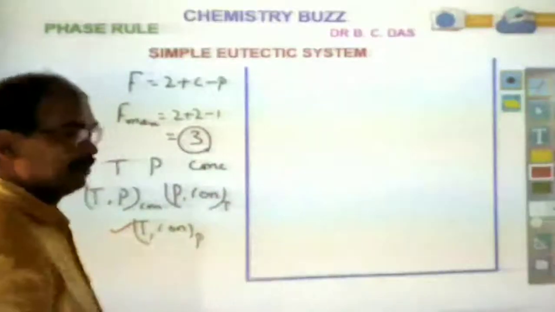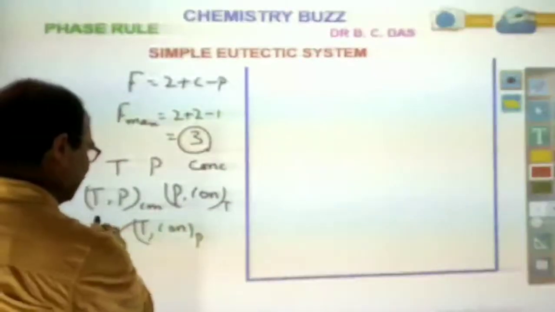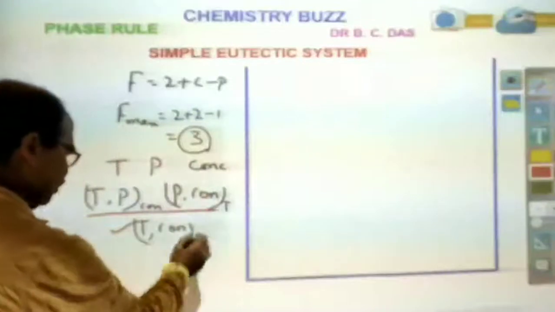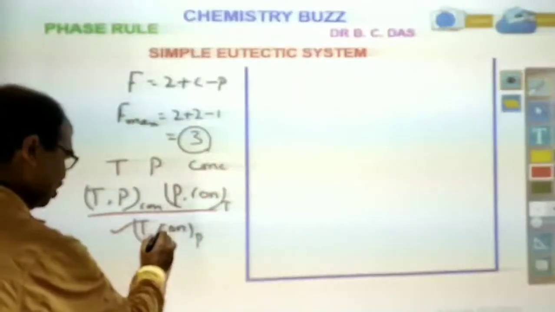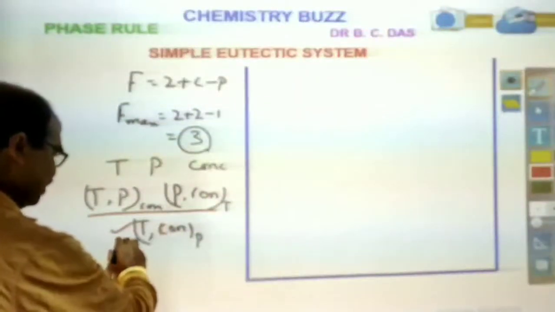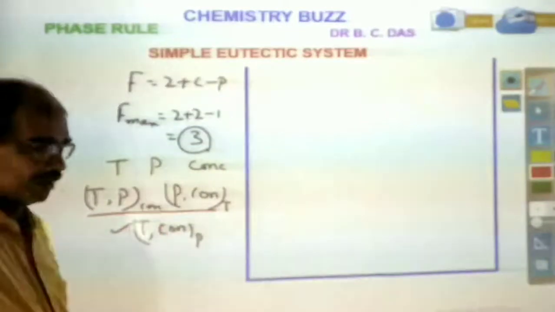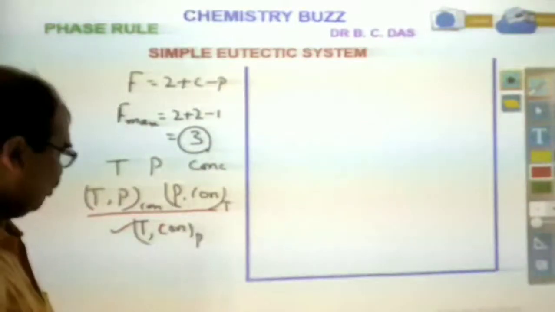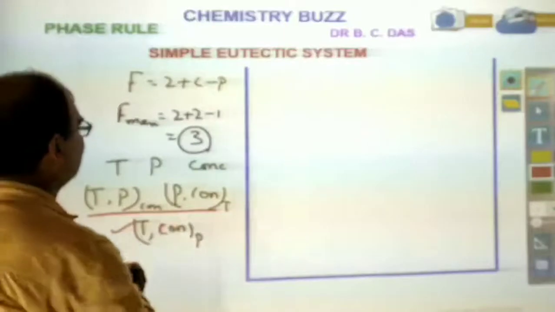So you have to keep the pressure constant. There are three possibilities. Out of these three possibilities, we will consider temperature and concentration as variables when pressure is constant.